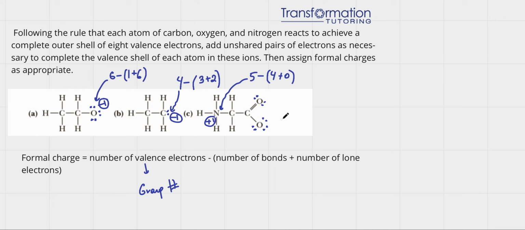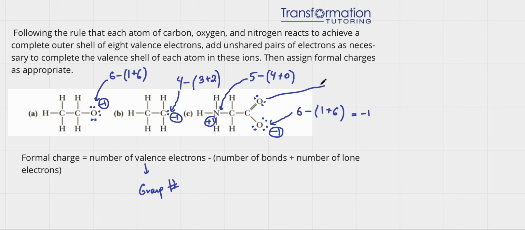Now let's take a look at this oxygen. The oxygen has 6 valence electrons because it's in group 6, and it has one bond, plus it has 6 lone electrons. 6 minus 7 is equal to minus 1. So this must have a minus 1 charge.